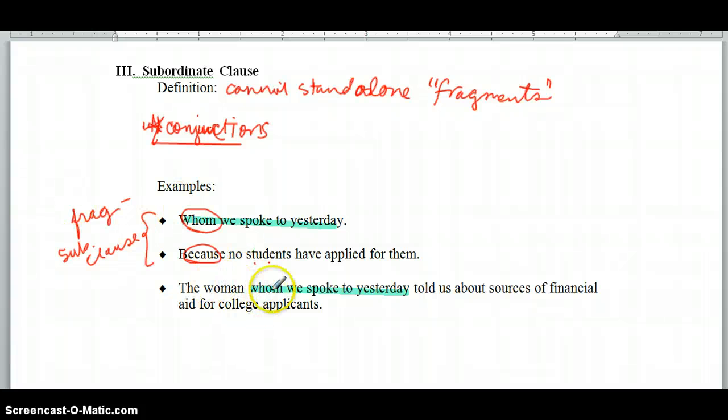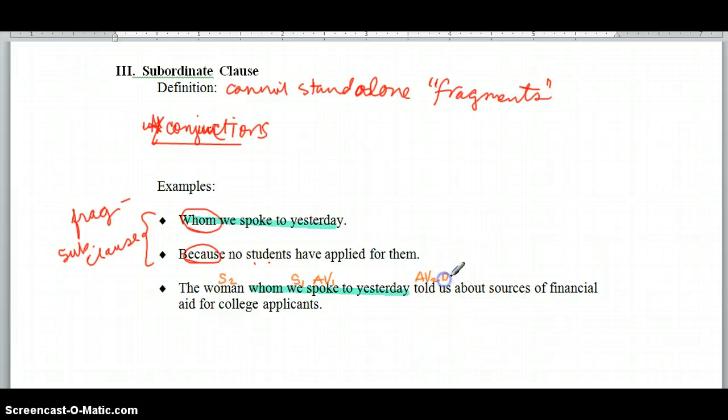So in this case, the woman whom we spoke to yesterday told us about sources of financial aid for college applicants. If we start looking for our subjects and verbs, the first verb I find is spoke. There's an action verb. Who or what spoke? We did. So there's a subject and a verb. If I keep going, here's another action verb, told. Who or what told? The woman told. So those two are paired together. So what did she tell?